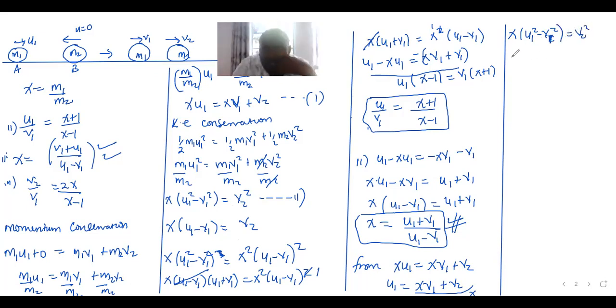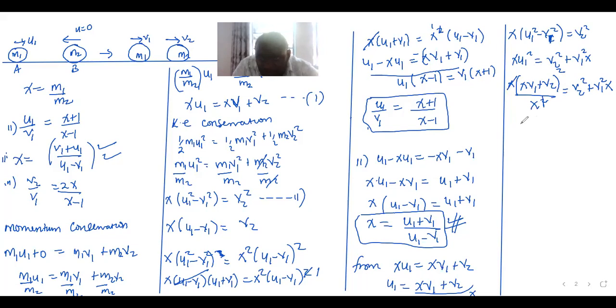So this will give us X U1 squared is equal to V2 squared plus V1 squared X. So I can substitute for U1, I'll have X into brackets, X V1 plus V2 divided by X. This is squared, this is also squared, is equal to V2 squared plus V1 squared X. Because of this square, I can lose one X here.